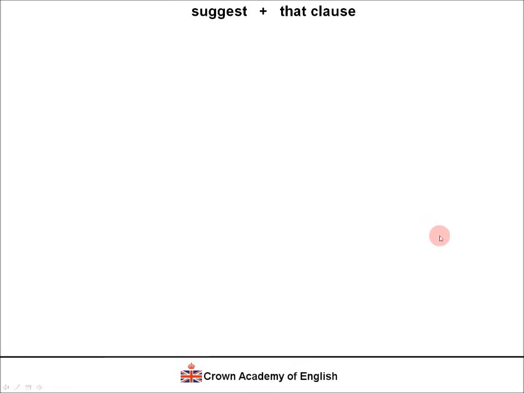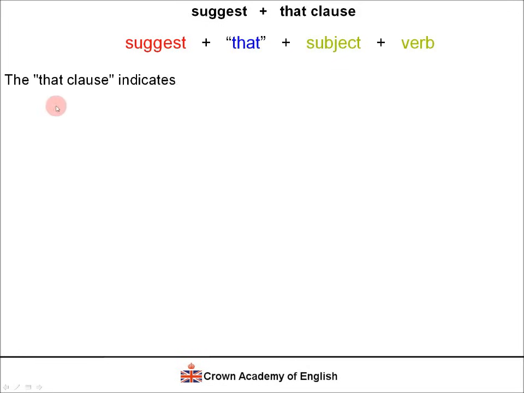Suggest plus a that clause. So what is a that clause? Well, it is the word that plus the subject plus another verb. And the that clause indicates what action we are suggesting.